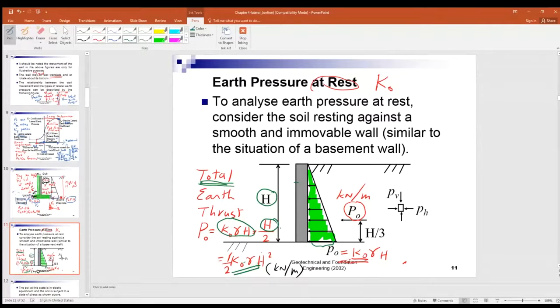And what about the position of that force? The centroid for a triangle should be at one third of the height above the base, H over 3. So that is a typical analysis for the retaining wall if it is at rest.